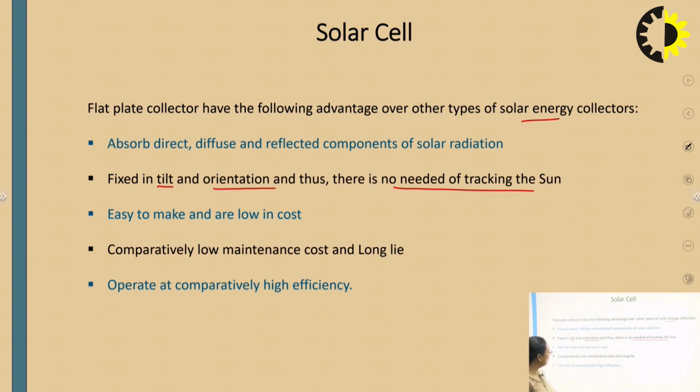They are easy to make and low in cost, comparatively low maintenance is required, they have a very long life, and they operate at comparatively high efficiency as compared with the other solar energy collectors.